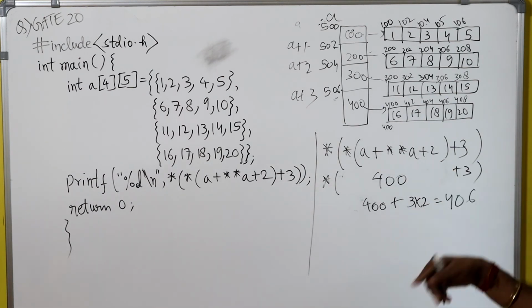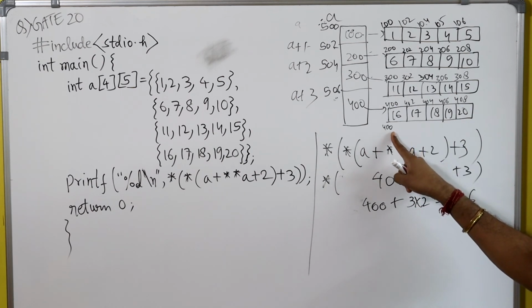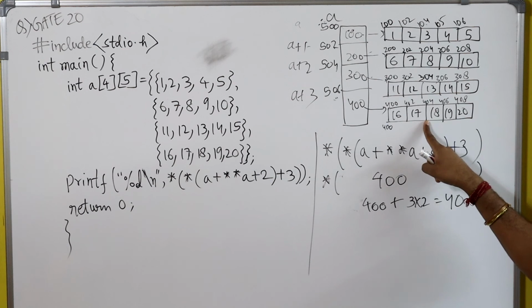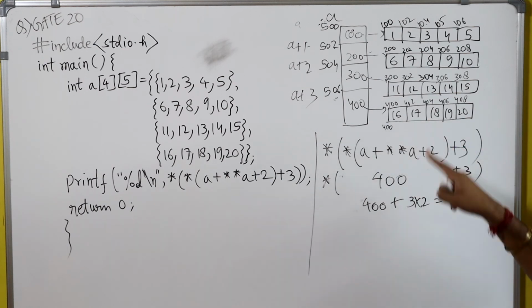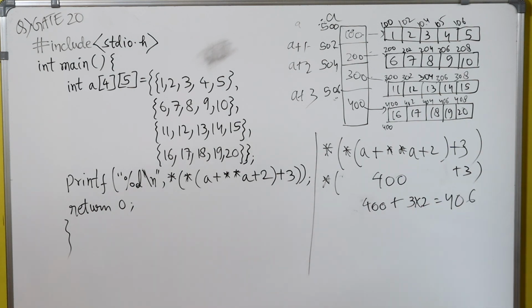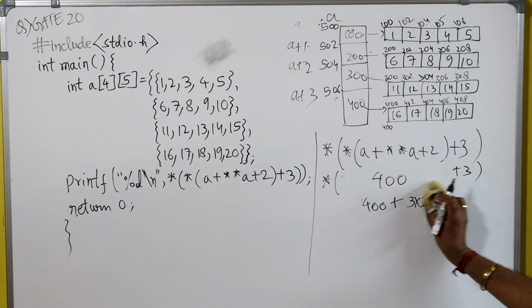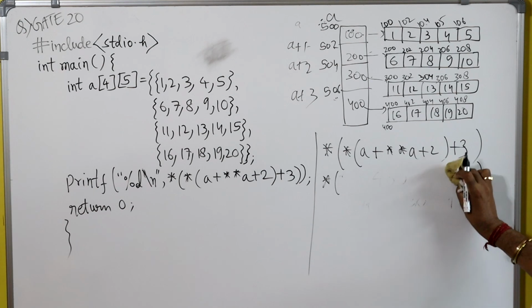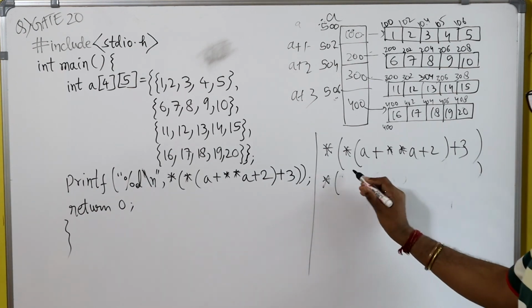Or you can think like this: this is 400, then this is 400 plus 1, this is 400 plus 2, and this one is 400 plus 3. That is 406. So 400 plus 3 is 406. Let's write 406 in place of 400 plus 3.